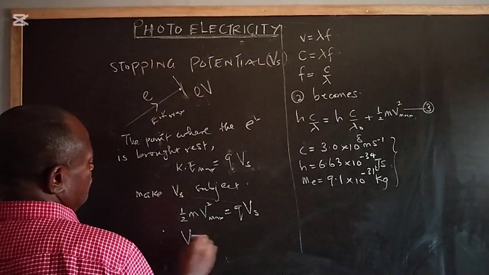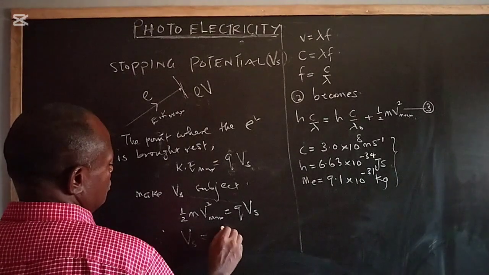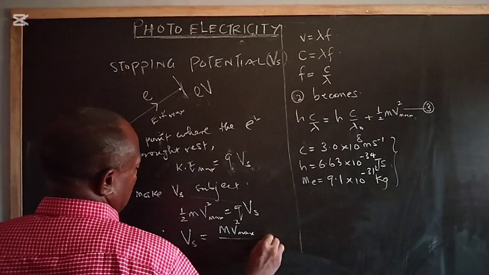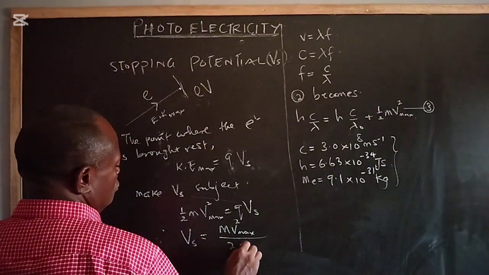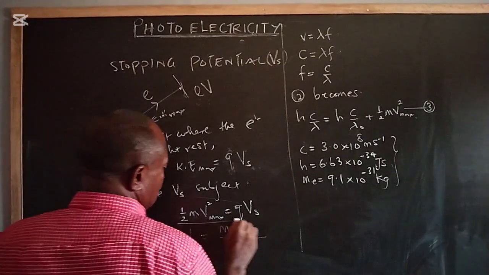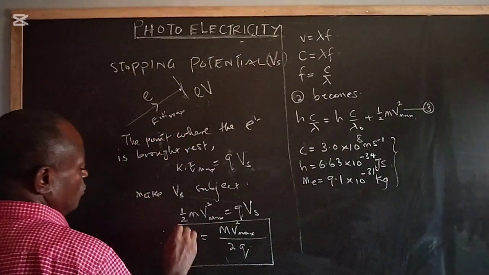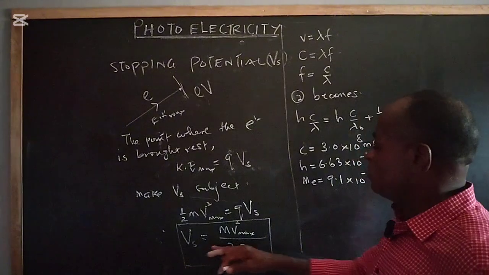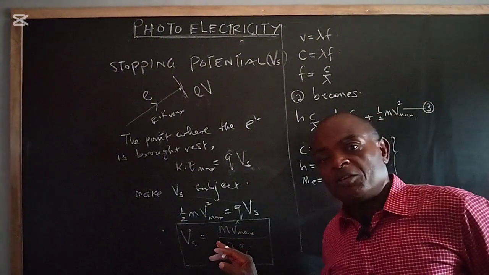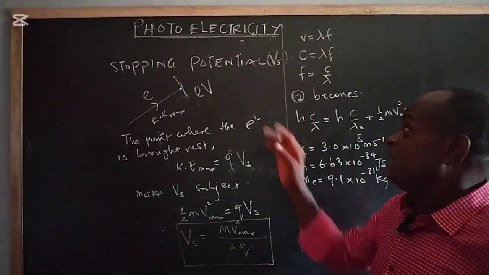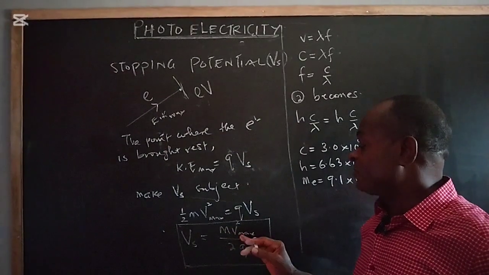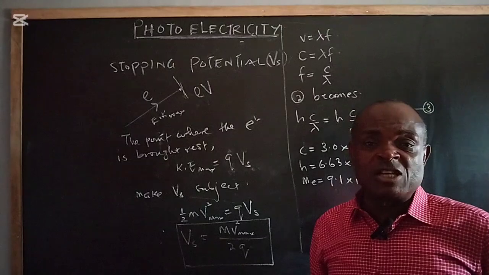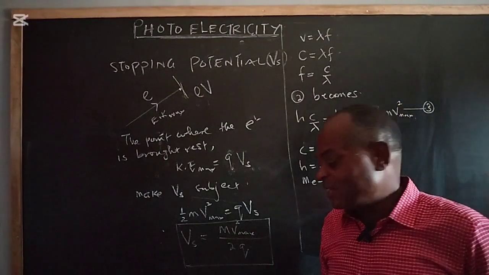Therefore, stopping potential V s is equal to mv squared divided by 2 times Q. This is the expression for stopping potential. Should they ask you to calculate the stopping potential, you know that as applied to photoelectricity it is mass of electron times the maximum velocity of electron divided by 2 times the electronic charge. I hope you're learning something.